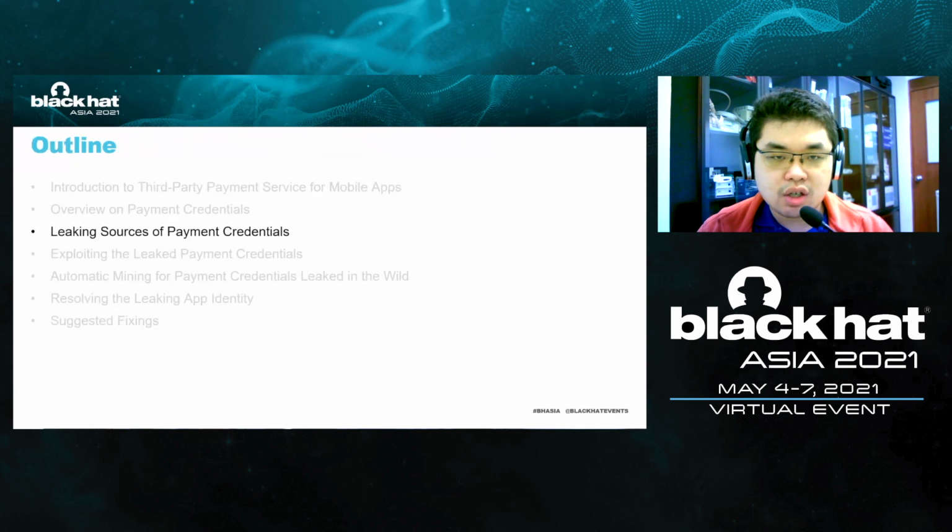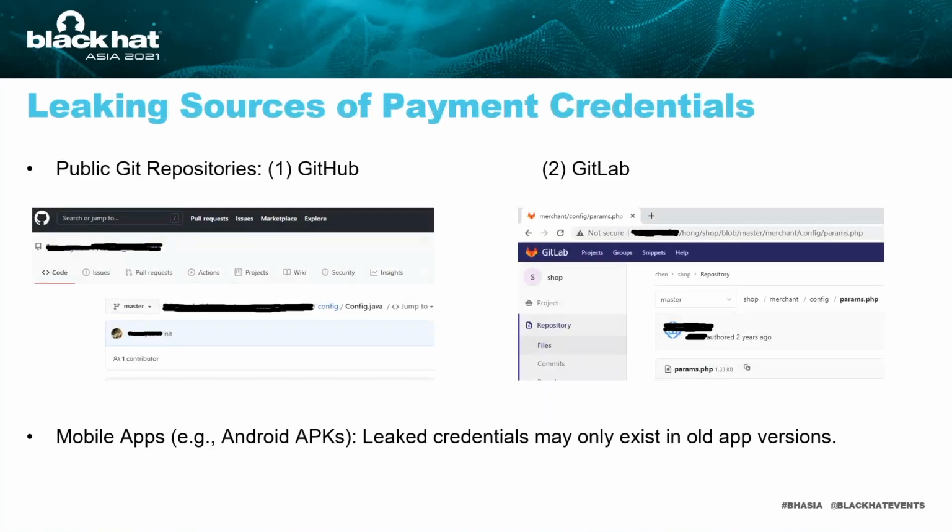Now let's discuss where the payment credentials can be leaked in the wild. In summary, there are 3 potential leaking sources, and I will go through them one by one. The first leaking source is the public Git repositories such as GitHub.